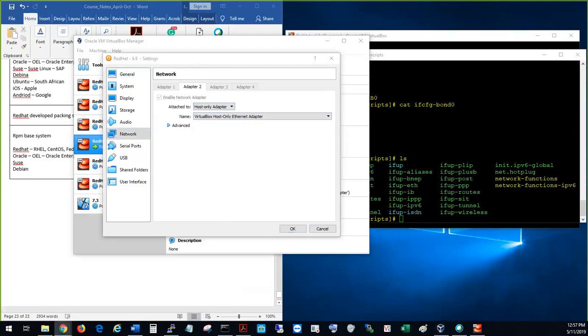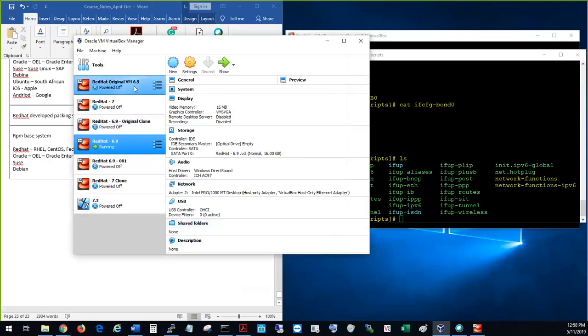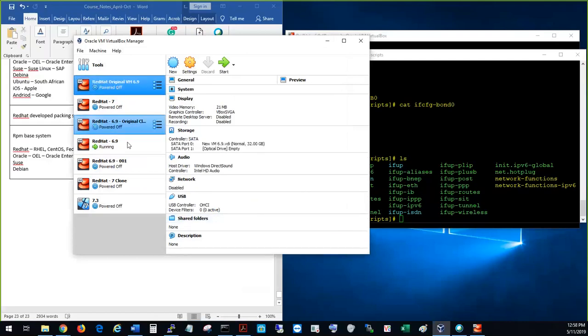To add the host-only adapter, we have to create another Linux machine, right? And I think in the previous video you showed us how to do that. No, I mean you kept one as the original one, then you're cloning it as you progress through.